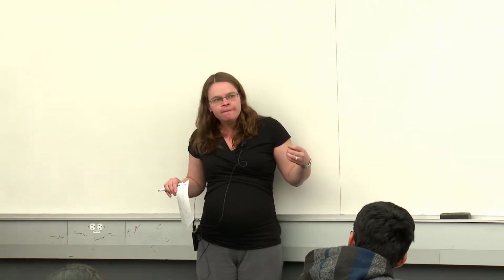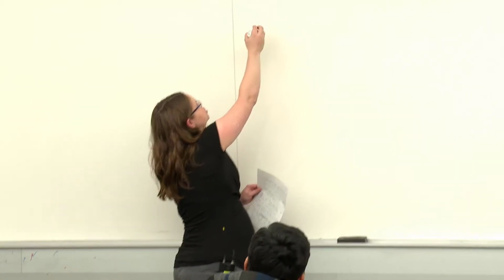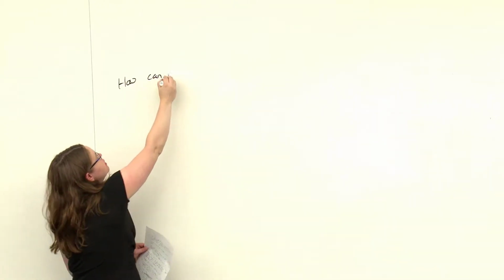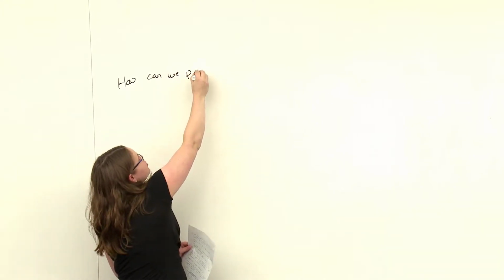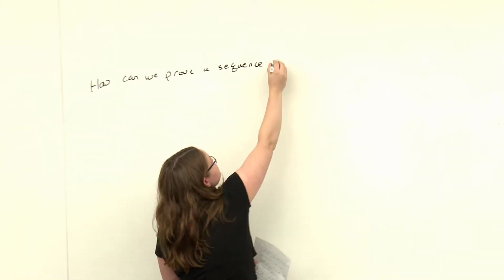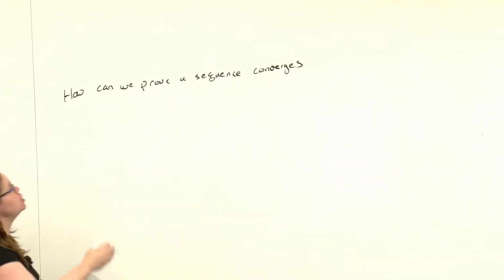So what you'd like to be able to do is take your sequence and prove that it converges without actually knowing ahead of time what the limit is going to be. So this is the challenge we're going to look at today. We have a definition of the limit. So how can we prove that a sequence converges, without needing to actually know the limit?